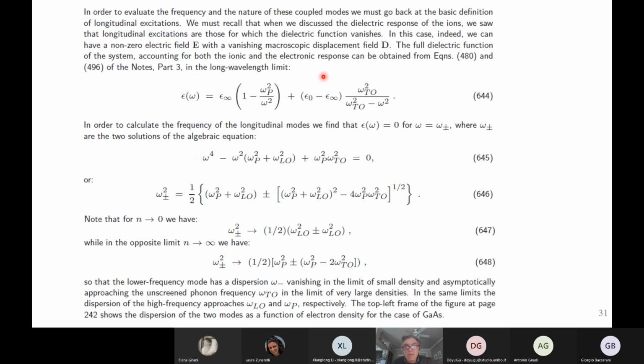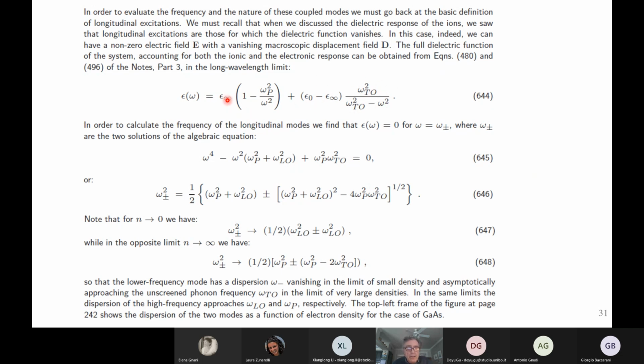Remember the general rule. The longitudinal excitations of a system are given by the zero of the full dielectric function of the system. Now, in the long wavelength limit, the dielectric function of our doped gallium arsenide, for example, will have a term which is epsilon infinity, forget this for now, plus this term, which is the resonance due to the optical phonon.